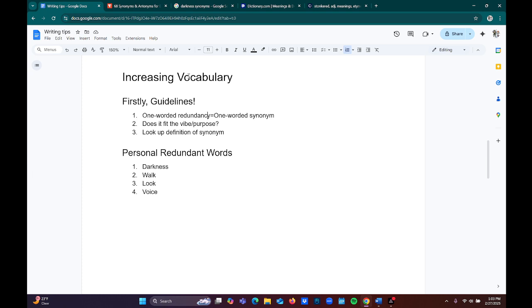So, as you can see, one of my redundant words is darkness. If I want a synonym for darkness, I want it to be one word. And it sounds a little silly to explain that, but it will start to make sense once we get into the resources of how to increase vocabulary.